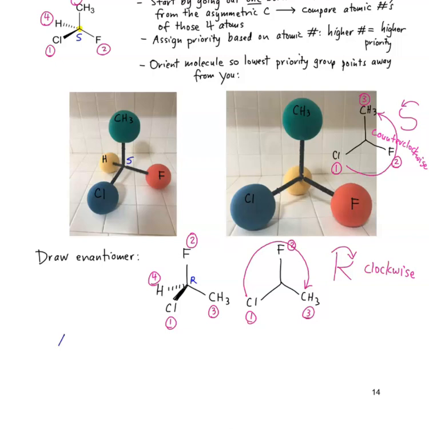So point being, and this is very important and it's going to be helpful later, the absolute configurations for all the asymmetric carbons in a pair of enantiomers will be opposite.